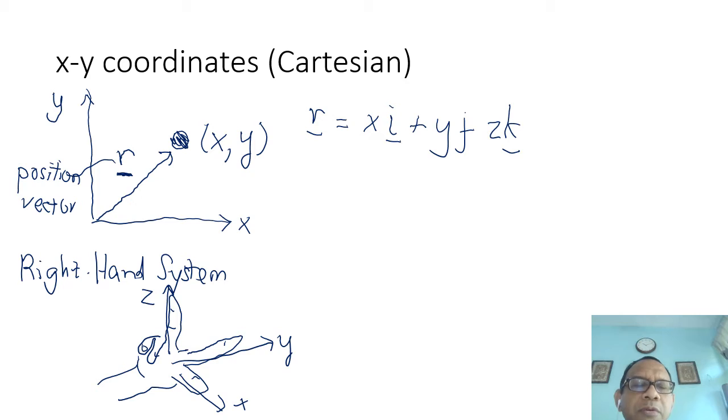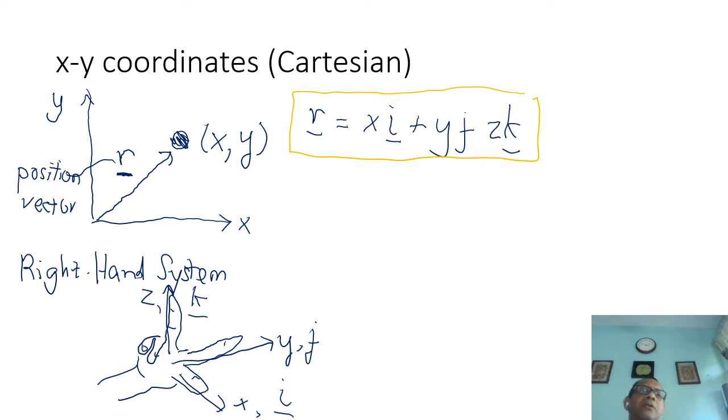So the unit vectors are i for the x direction, j for the y direction, and k for the z direction. So that's your first system.